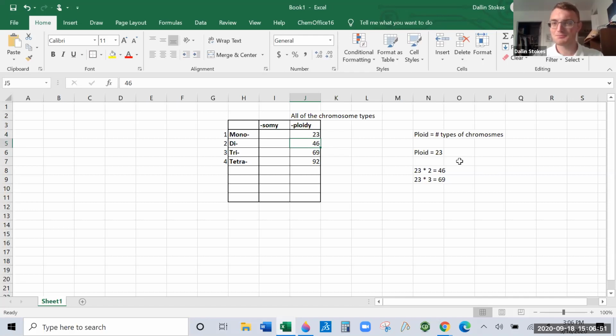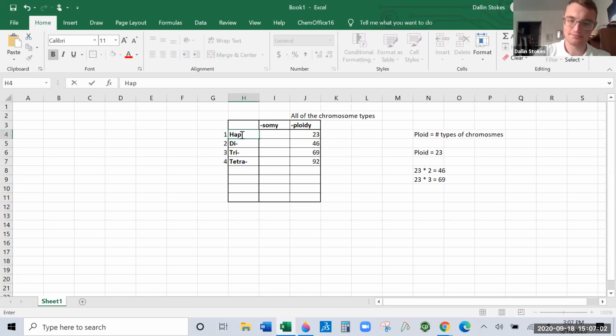Now, because we're scientists, we have to be very confusing. And so we actually don't use mono for the ploids. We use a term called hap. So it's haploid. Hap would mean the same as mono. It's just 1 ploid. So a haploid cell has 23 chromosomes in it.